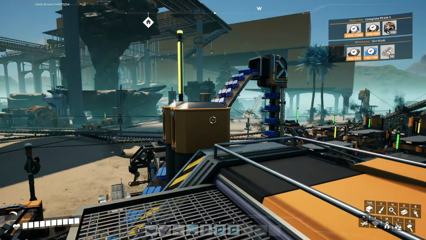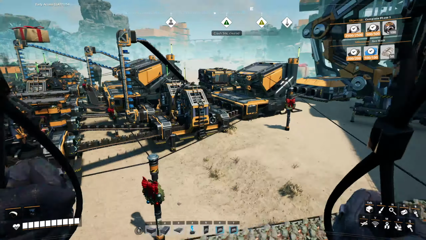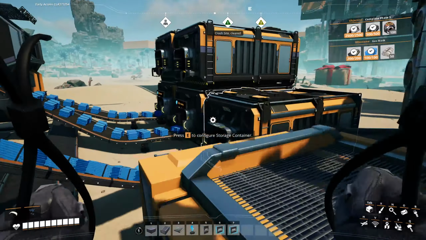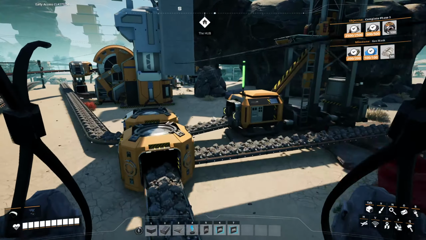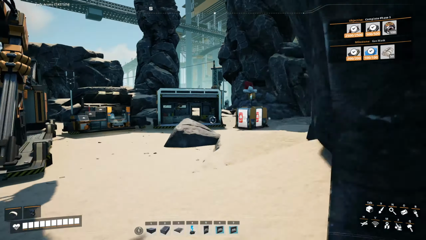Let's check on the plastic spin. While I'm there, it's like 4,400. Sorry, 4,250. Yeah, 4,250. Up that concrete stack while I'm here.